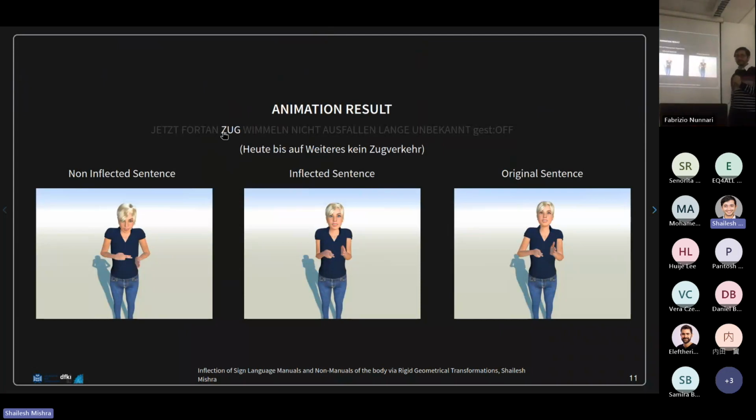So the inflected sentence and the original sentence should be the same. Yeah, exactly. And you can see here the sign. This is the stationary one, and this one is where it matches, right? Yeah, exactly. And we can also see the same thing happening here. The hand motions are different, and then they are the same.